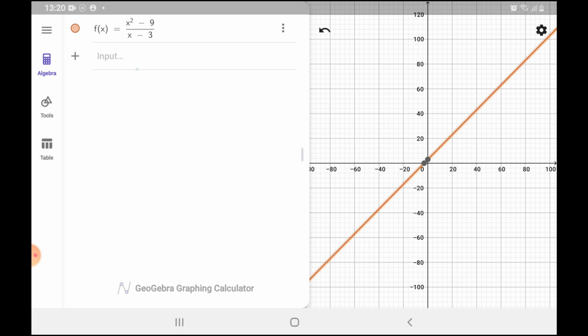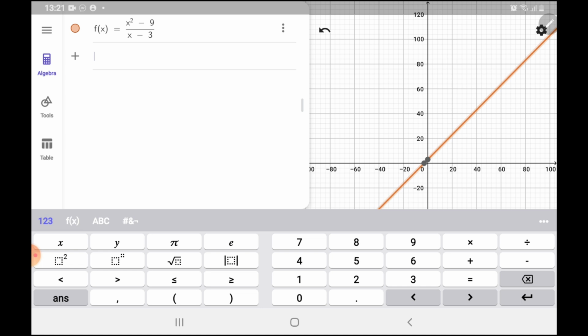Okay, so in order to demonstrate that x equals 3 is undefined here, I would put a value of x equals 3. Even in the graph, you can see that there is no intersection between x equals 3 and the function f of x equals x squared minus 9 divided by x minus 3. Because basically, if you substitute the value of 3, we'll have an undefined answer.